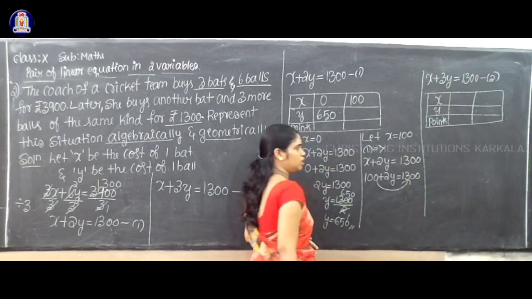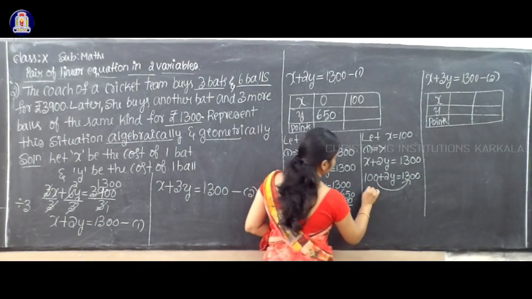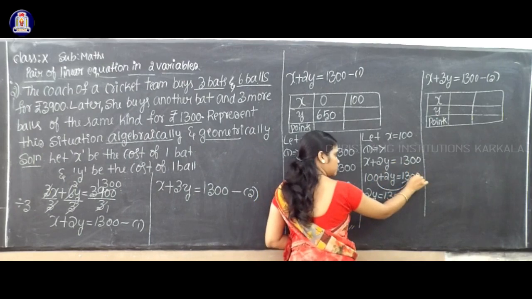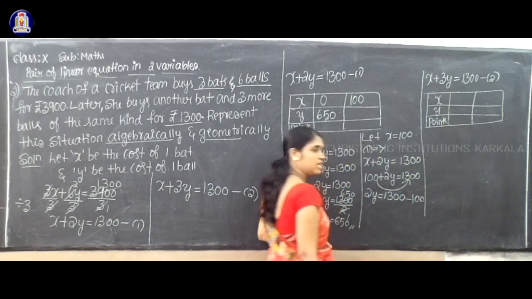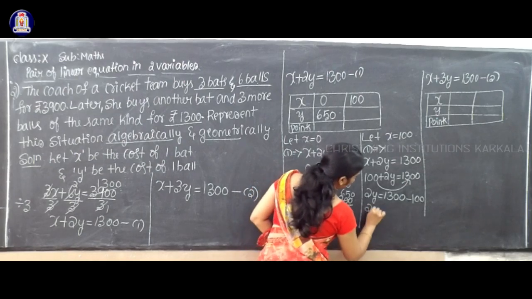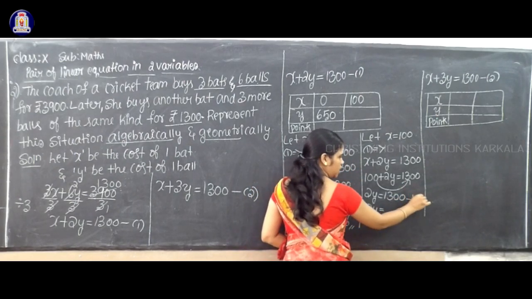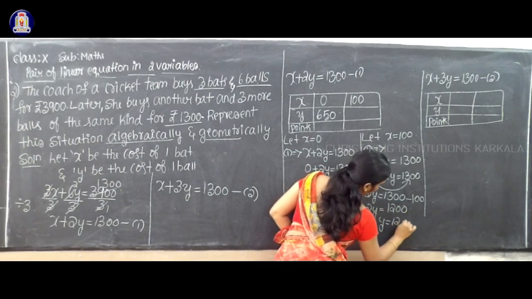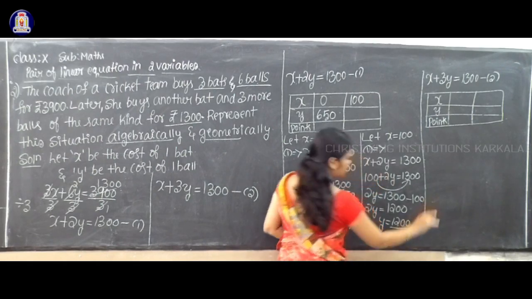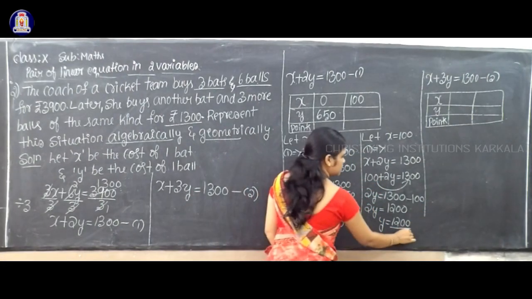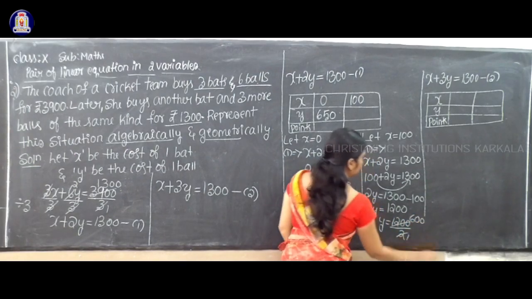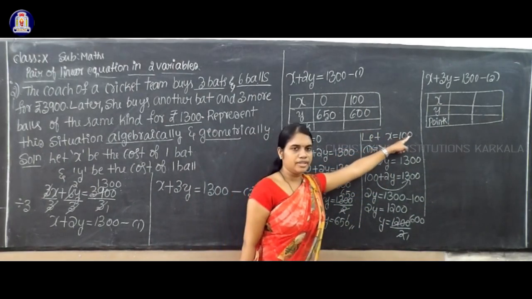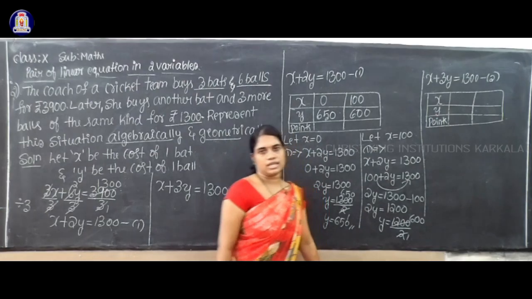Shift this 100 to the right hand side, then you will get 2y is equal to 1300 minus 100, because while 100 comes to the right hand side it becomes minus 100. So 2y is equal to 1200, therefore y is equal to 1200 by 2, which is 600. So if x is equal to 100, then y is equal to 600.